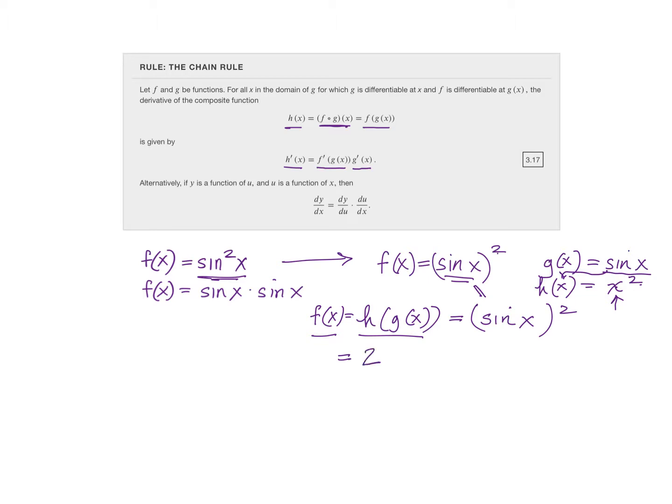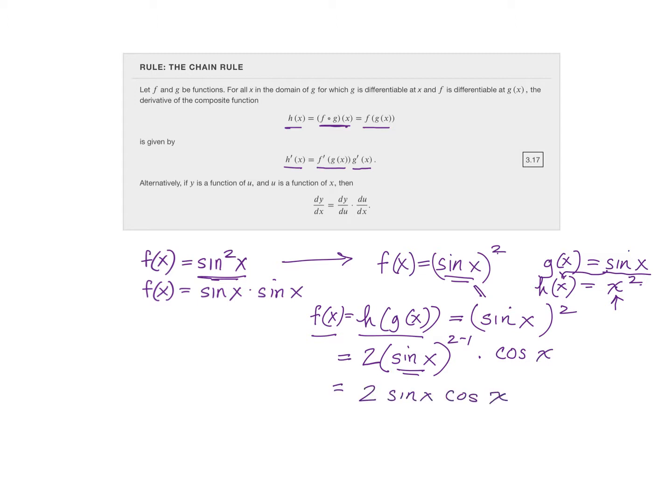So I take the derivative, I bring that 2 down front, just using my power rule, right? And we leave this inside function alone, and now this is to the 2 minus 1 power. And then you need to multiply times the derivative of the inside function, and the inside function is our sine of x. So the derivative of sine of x is cosine of x. So our answer is just 2 sine of x cosine of x.